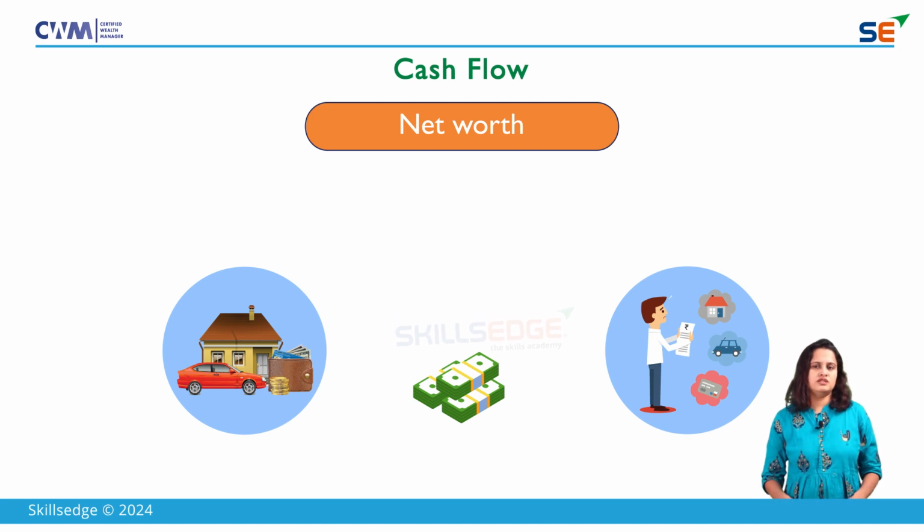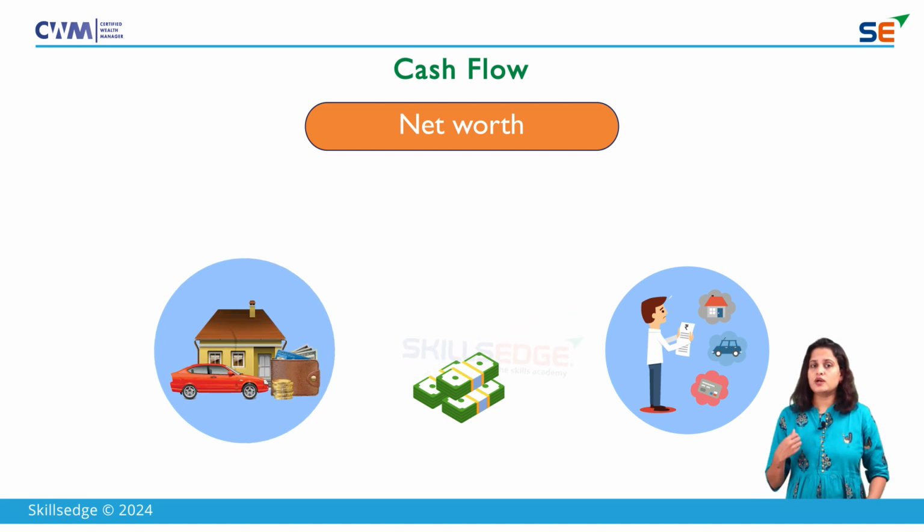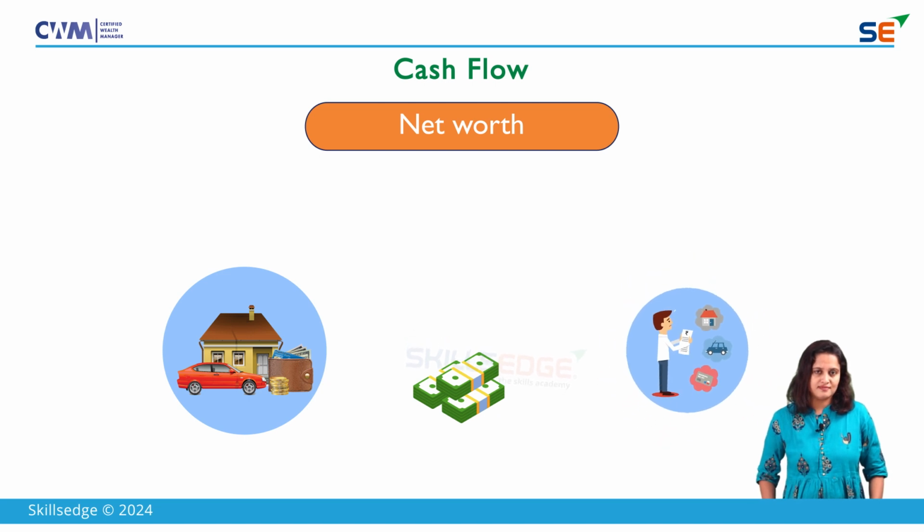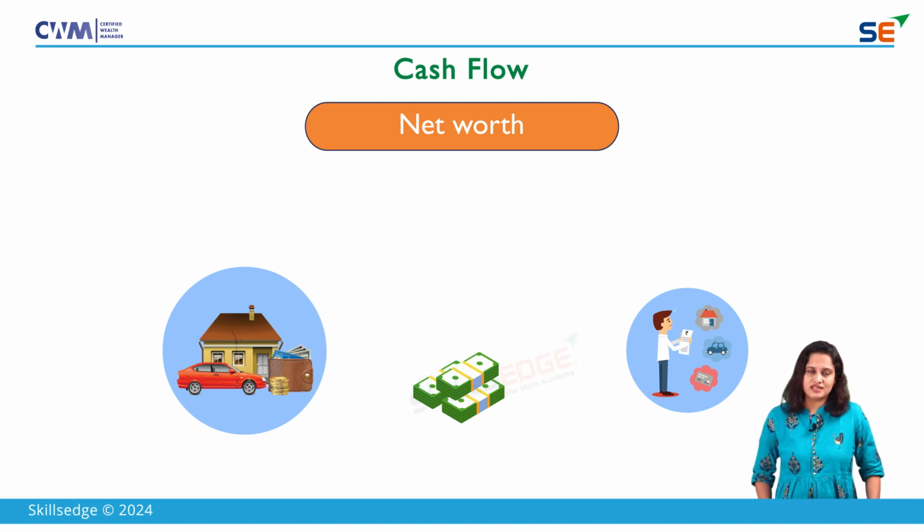If you have positive net cash flow during a given period, you can utilize that money either to acquire assets or to pay off your liabilities. Applying your net cash flow towards your net worth is a great way to increase assets without increasing liabilities.